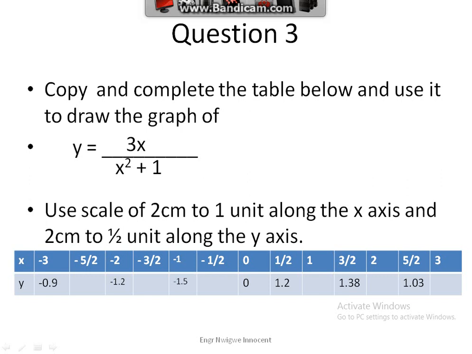Y: minus 0.9, minus 1.2, minus 1.5 under minus 1, 0 under 0, minus 1.2 under 1 over 2, 1.38 under 3 over 2, 1.03 under 5 over 2.